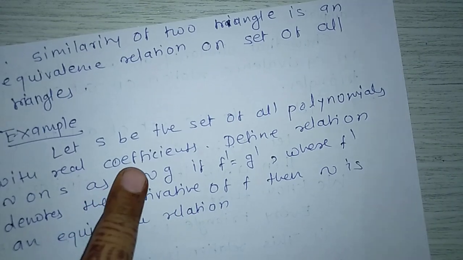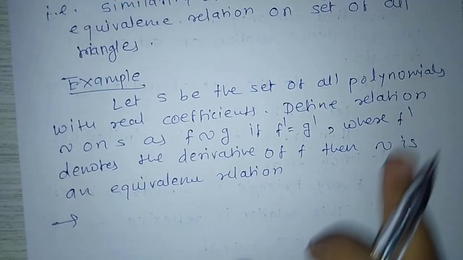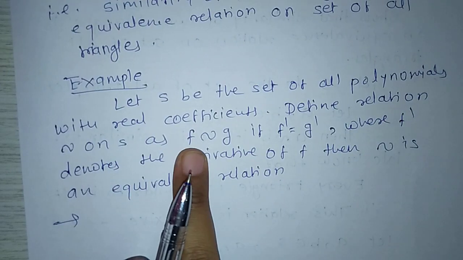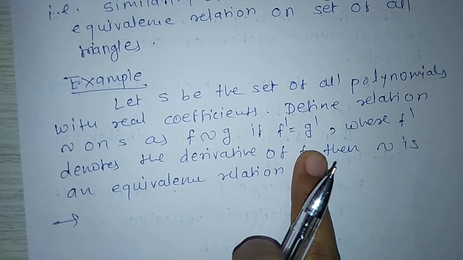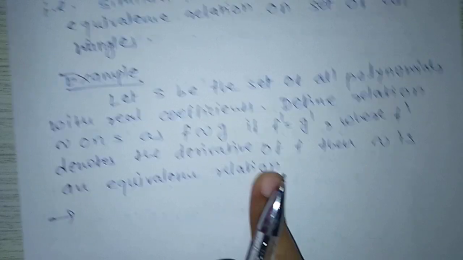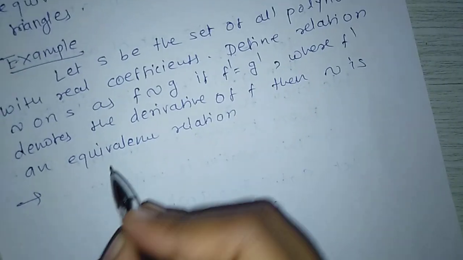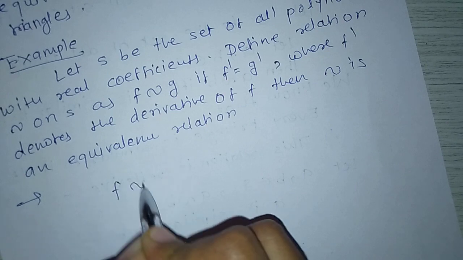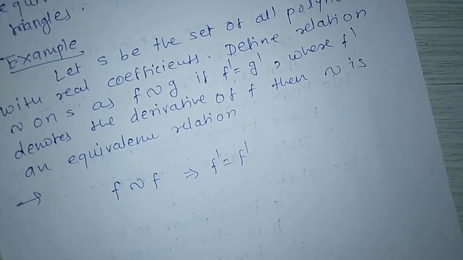Here S is the set of all polynomials with real coefficients. We know that f relates to f, which implies f dash equals f dash.